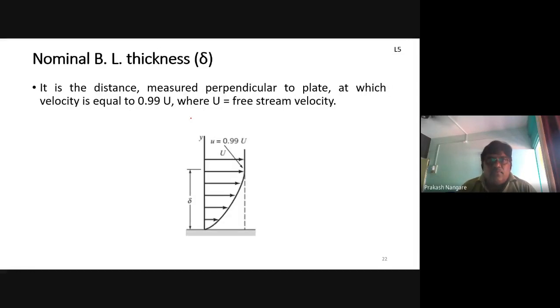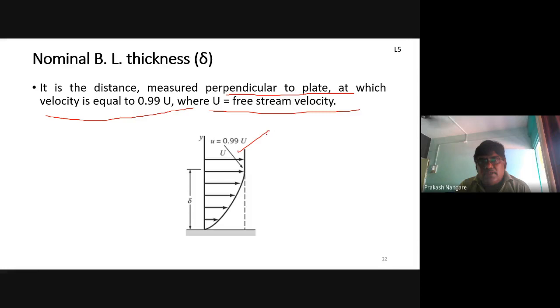Let us see them one by one. The nominal boundary layer thickness is the distance measured perpendicular to the plate at which the velocity is equal to 0.99 U, where U represents the free stream velocity. So see the diagram. This is the nominal boundary layer thickness, delta, from the boundary.